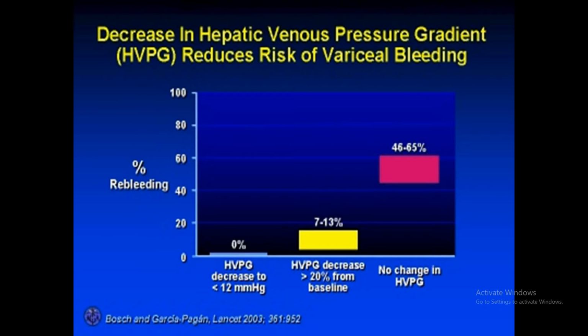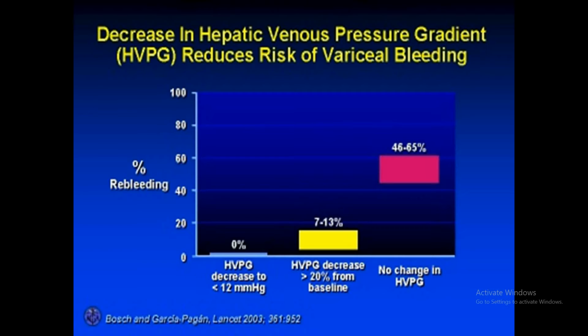Now what is gradient? Gradient means that in the hepatic vein, you know what are hepatic veins? There are 4 hepatic veins which are draining into the inferior vena cava. You minus this pressure from the portal vein pressure.